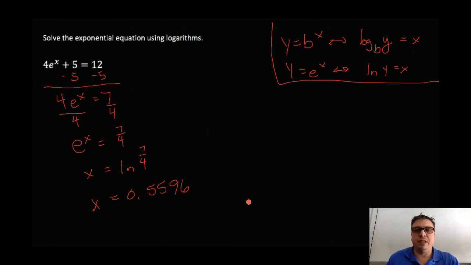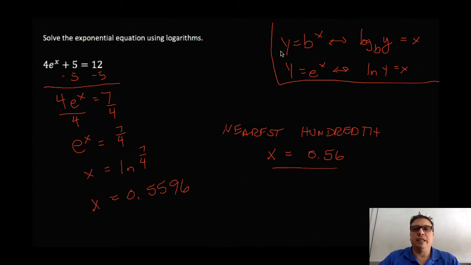In this case, let's say to the nearest hundredth. So I'll write here, nearest hundredth, so that you can remember. Here's the tenths, here's the hundredths. So now I get x is equal to 0.56.